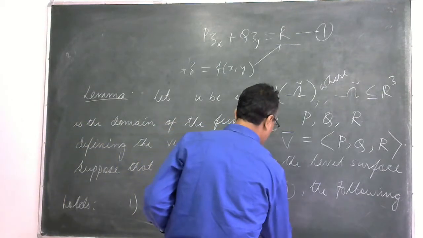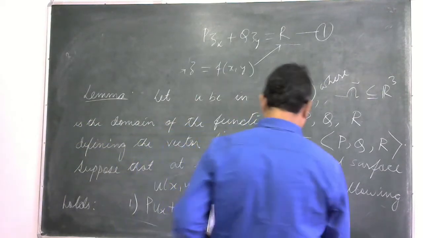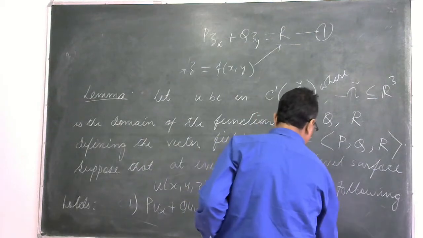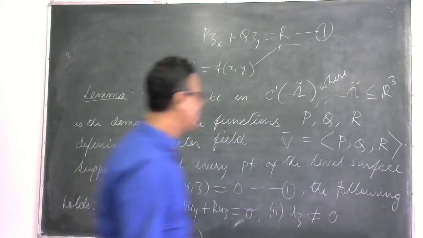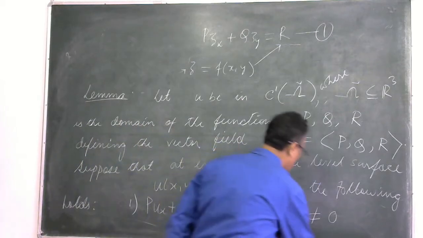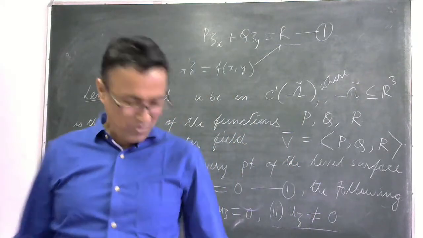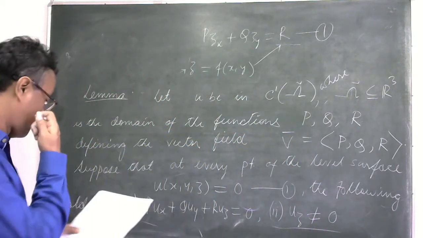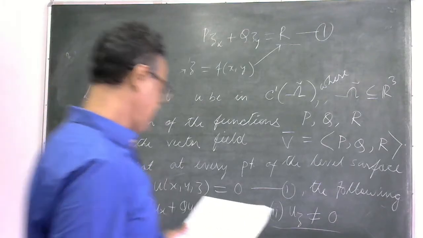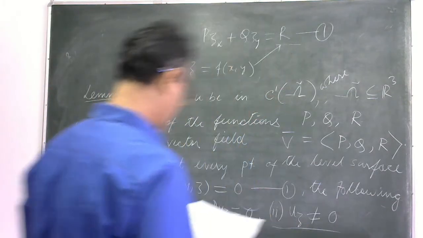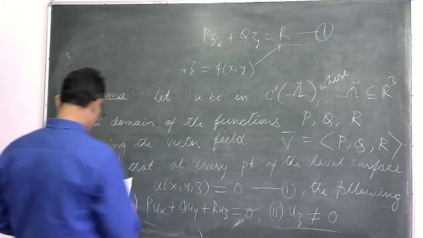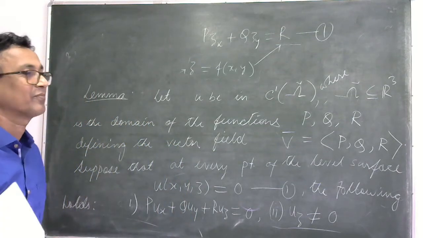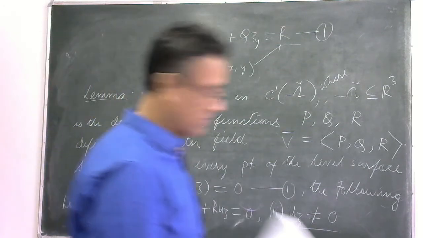And number 2, this is a very big condition. We are going to make use of it. Can you tell me why this condition has been brought in? u_z not equal to 0. Any idea?